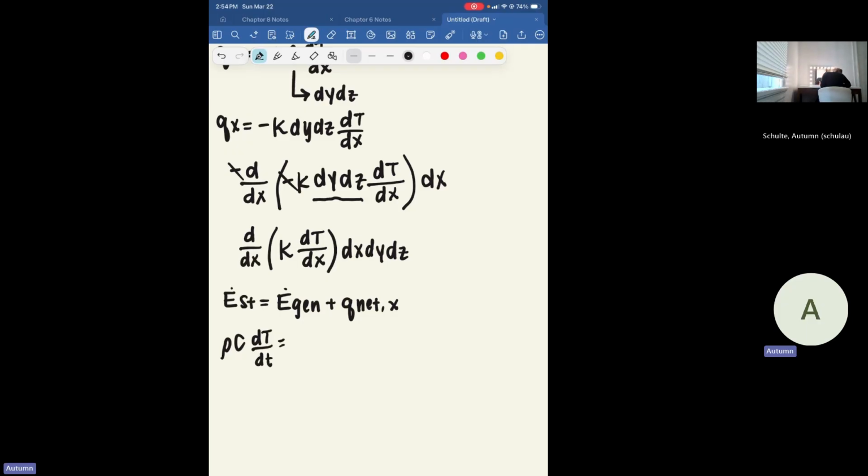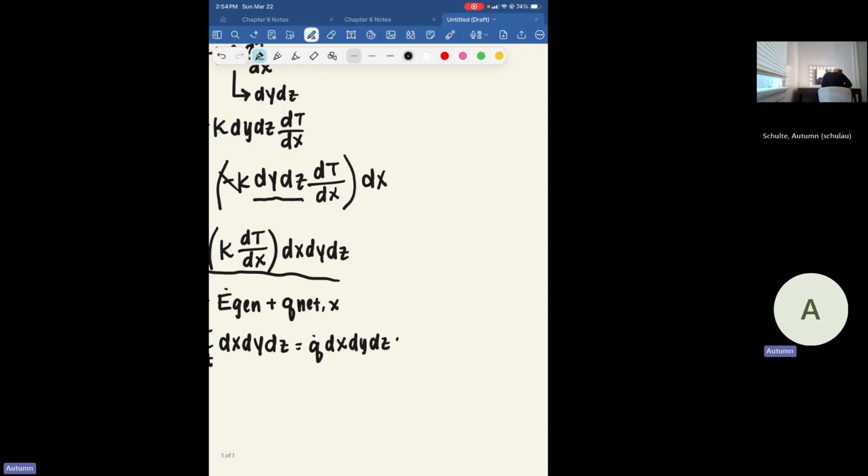is equal to the rate of change of heat flow per volume multiplied, sorry, this should be multiplied by volume as well. So dx, dy, dz, which is equal to our rate of change of energy generation, which we said was q dot multiplied by our volume, dx, dy, dz, plus our q net of x, which we just found.